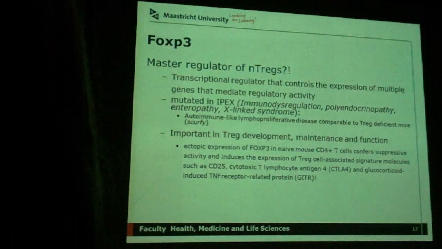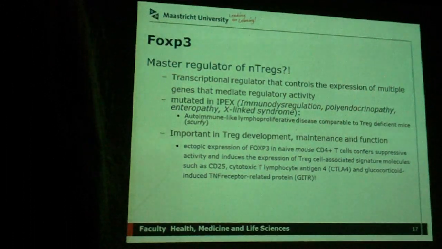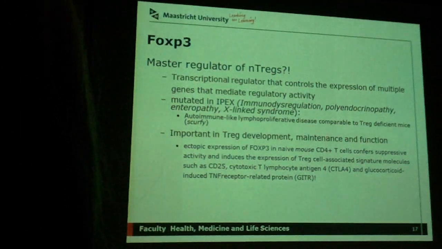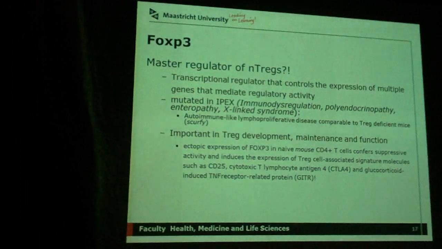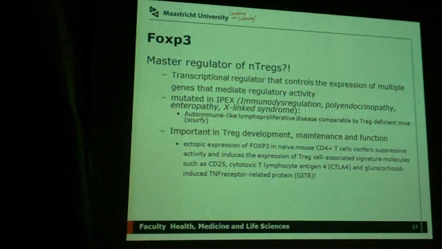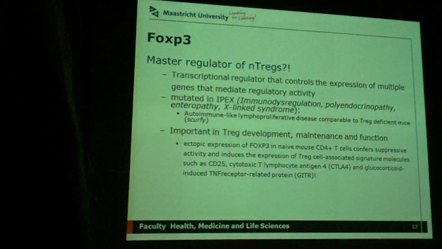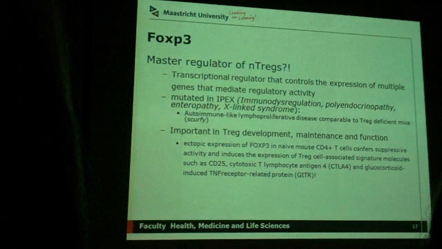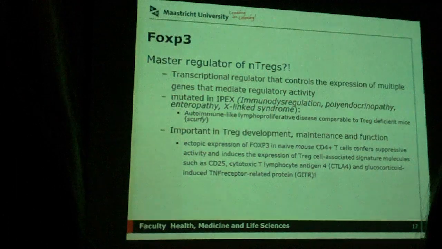So there's a mutation in the FOXP3 gene, and this resulted in a dysregulated immune system. So these people had a lot of different autoimmune manifestations, and this was due to the absence of the natural Treg population. People with IPEX don't get old.